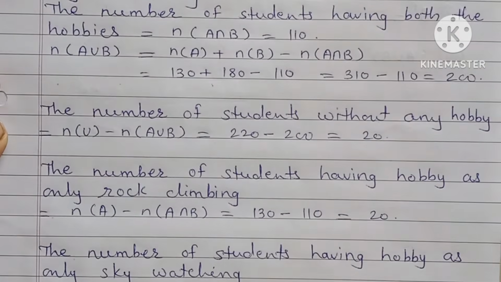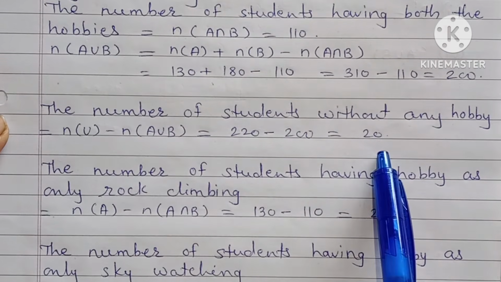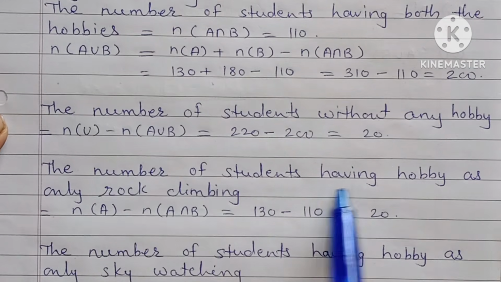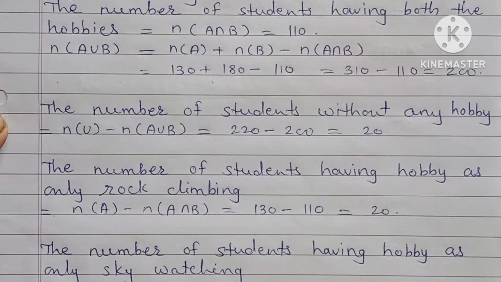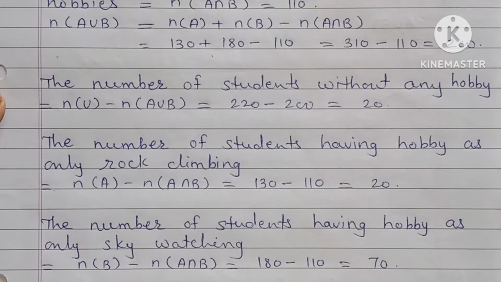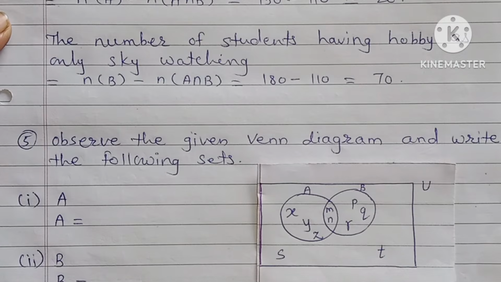Means the students without any hobby, 20 students. The number of students having hobby as rock climbing, 20 students. And the number of students having hobby as sky watching, how many students? 70 students are there.